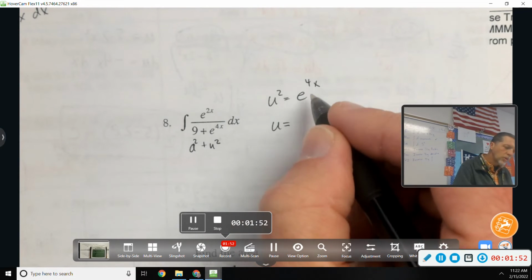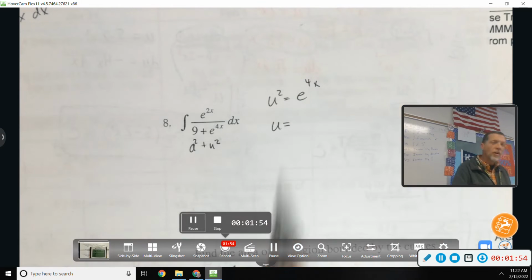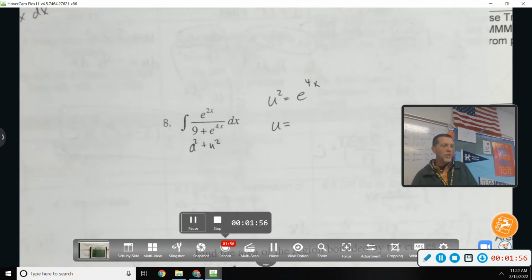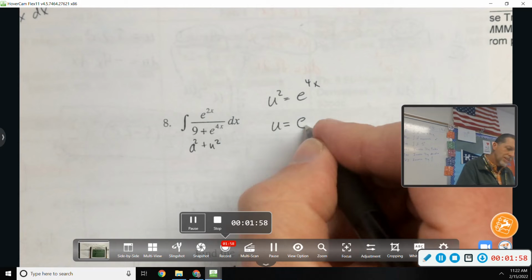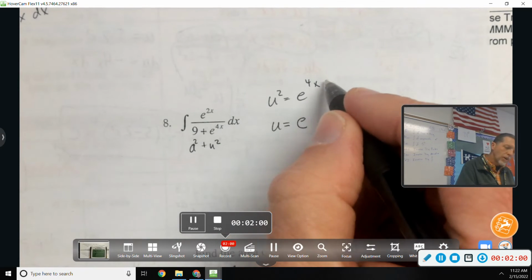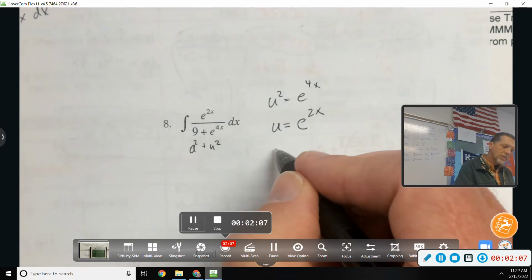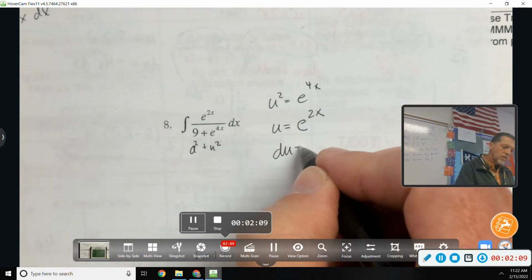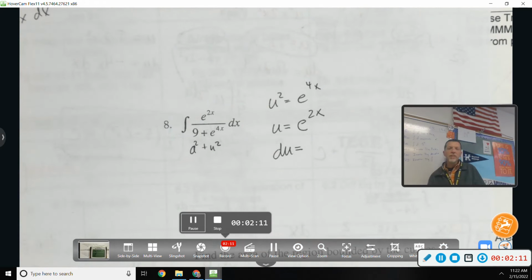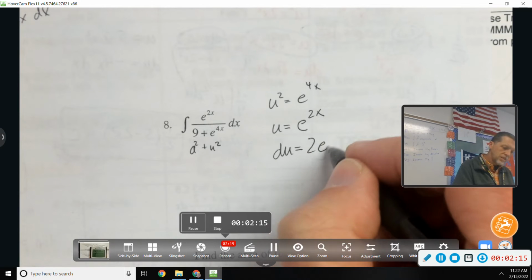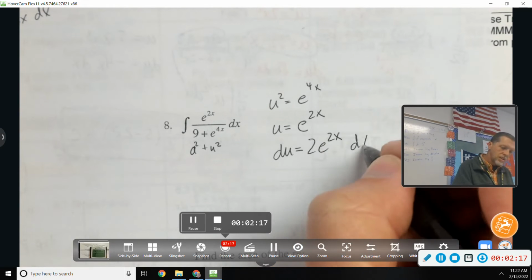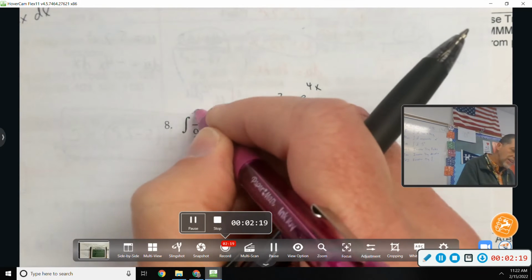If I square root both sides, or if I raise both sides to the 1/2, that might be a better way to say it. So 4x times 1/2 would be 2x. I think this is good news now. Because what's du? What's the derivative of e to the 2x? And so I almost have that in the top.